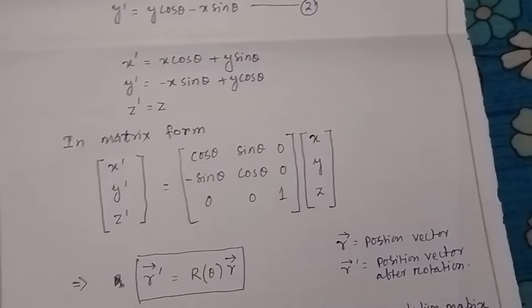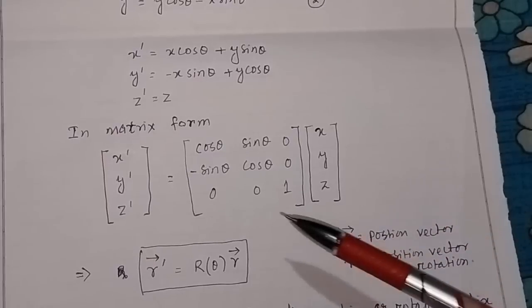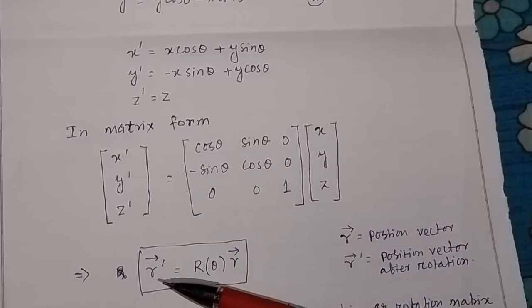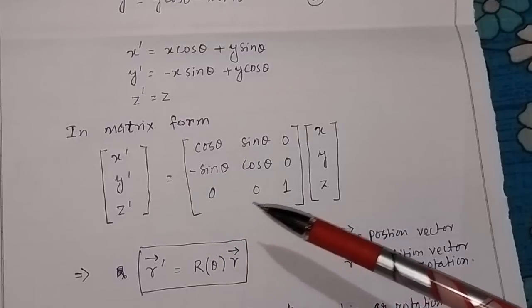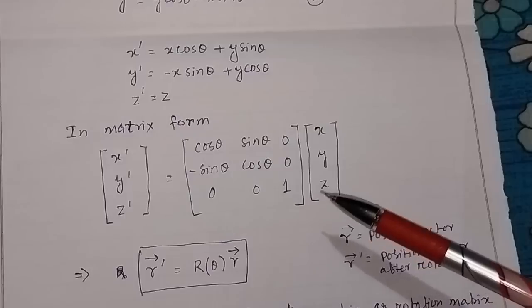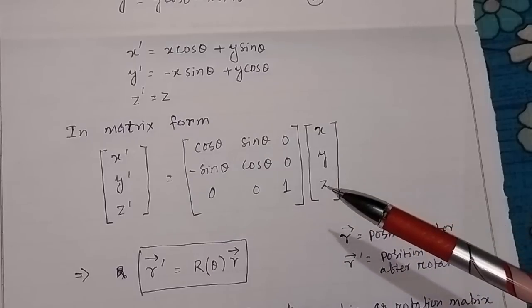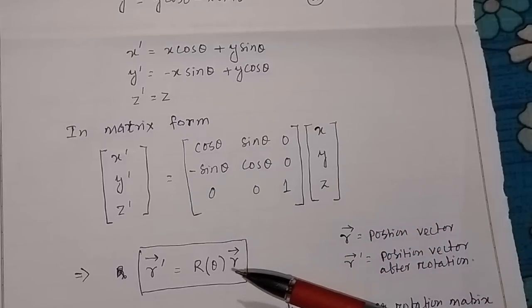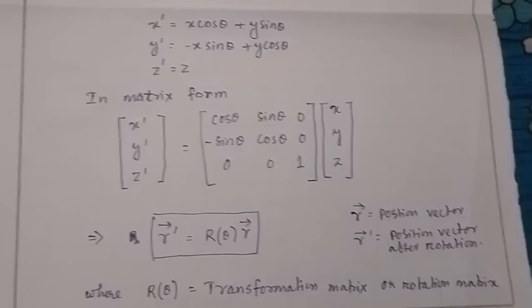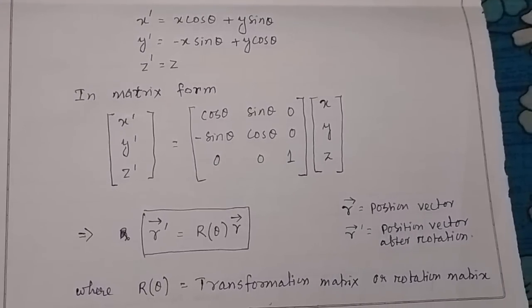This equation you can write in matrix form like this. So you can write r prime, the position vector after rotation, equal to R theta into your position vector r. So r prime is equal to R theta into r vector. And what is R theta? You have to remember this.